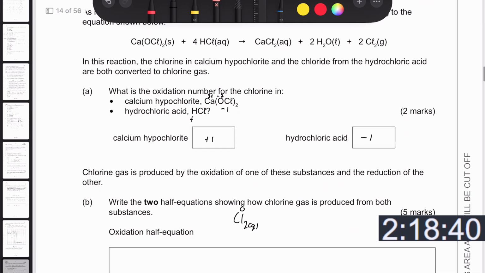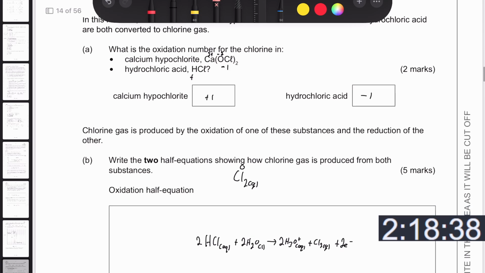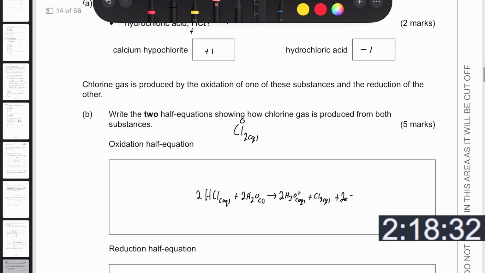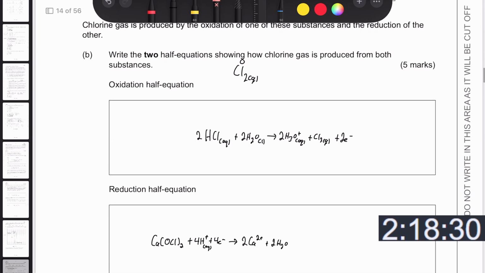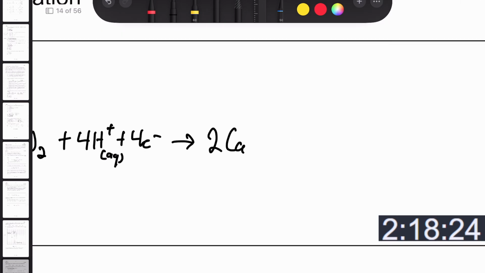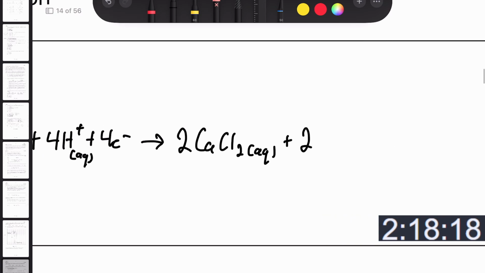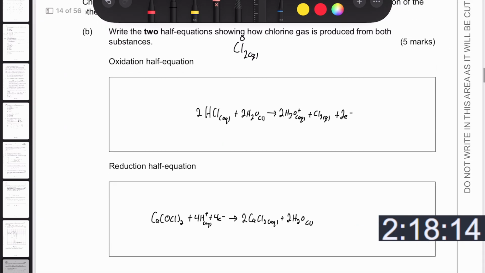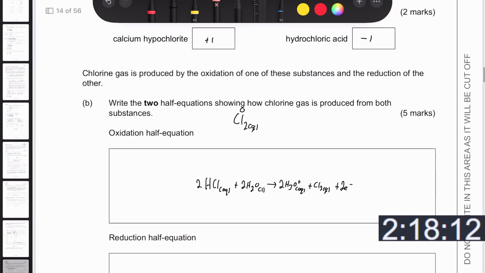Chlorine from both substances. Oh wait, so this is probably just a CaCl2 aqueous plus 2H2O liquid. This is a reduction half equation.